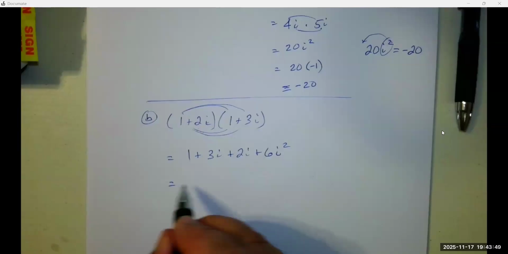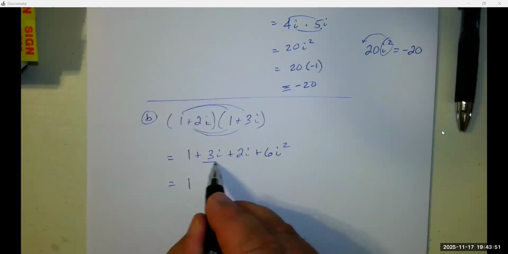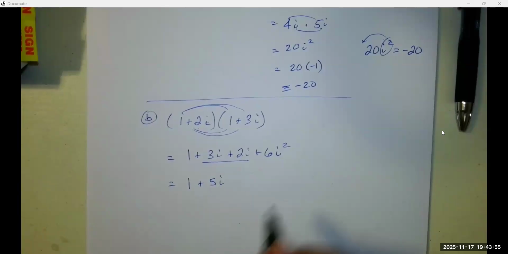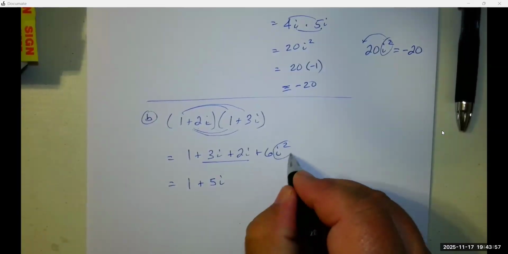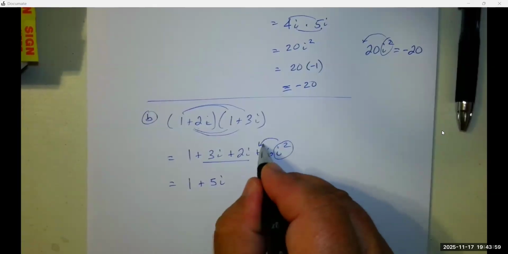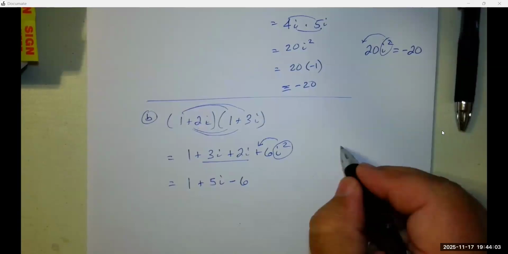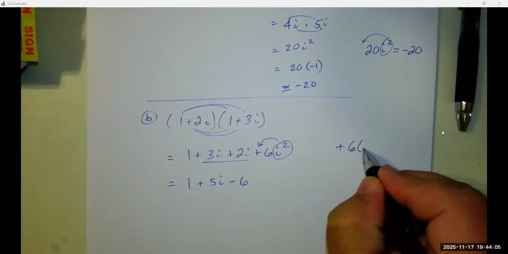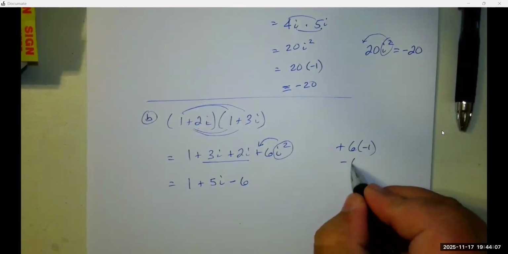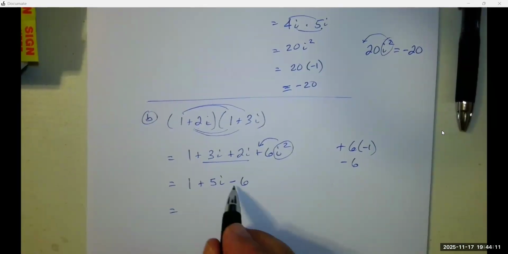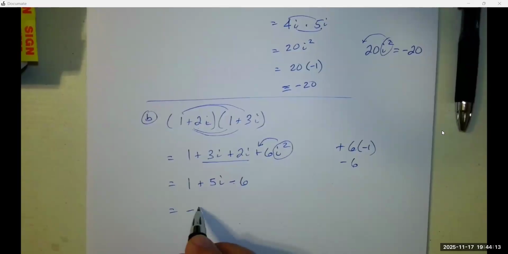Combine like terms. 3 plus 2 is positive 5i. This i squared changes that sign to a negative, so positive 6 times negative 1 becomes negative 6. Then we combine negative 6 plus 1 is negative 5 plus 5i. That's that answer.